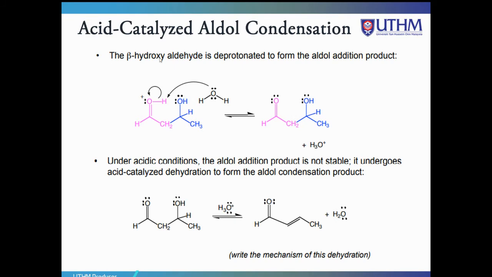The beta-hydroxyaldehyde is deprotonated to form the aldol addition product, which is illustrated in the example below. Under acidic conditions, the aldol addition product is not stable. Therefore, it undergoes acid-catalyzed dehydration to form the aldol condensation product.